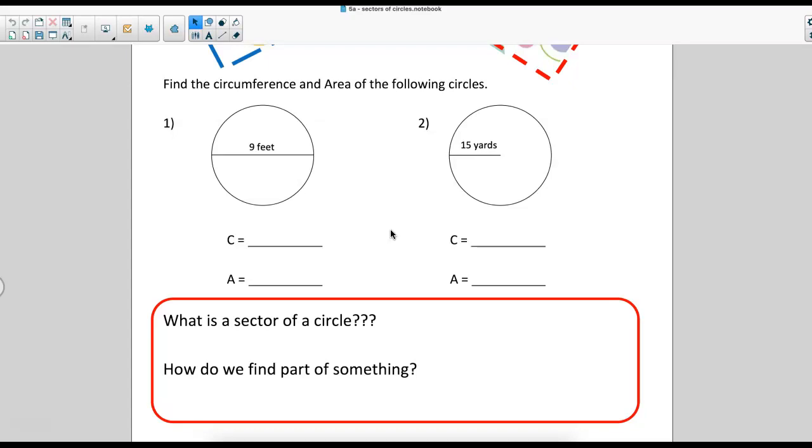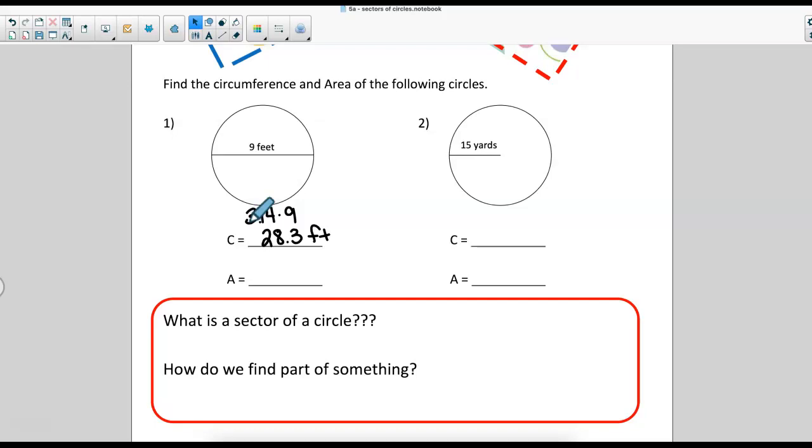Okay, for number 1, what did you get for the circumference? Mason: 28.3. Do we agree? You should have done 3.14 times 9, 28.3 feet. Pi times the diameter.